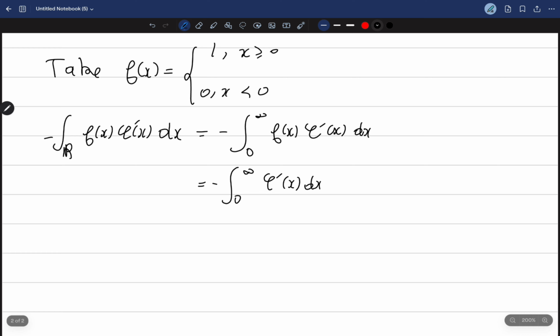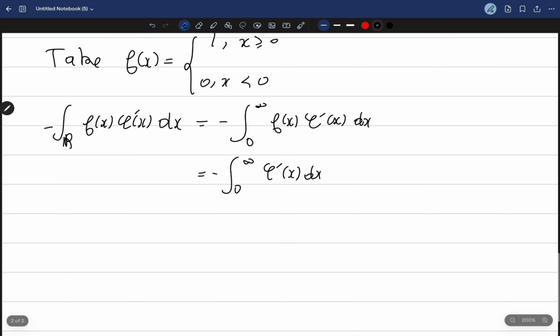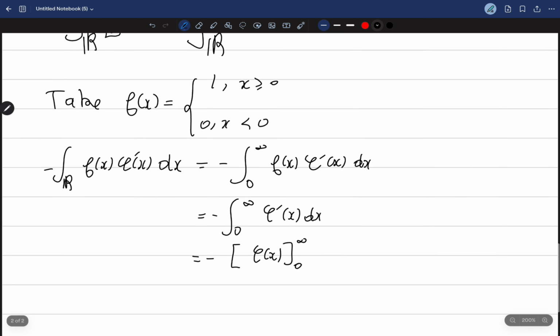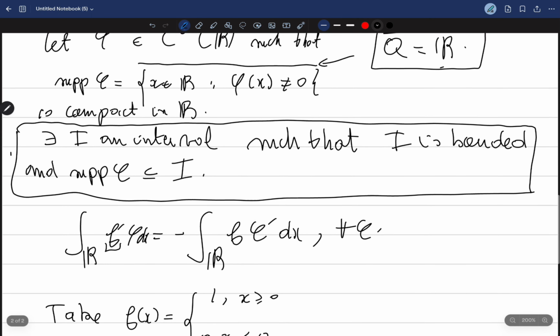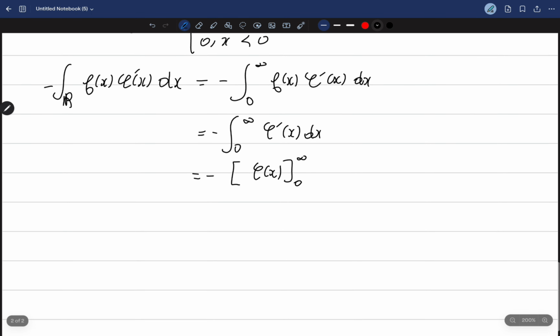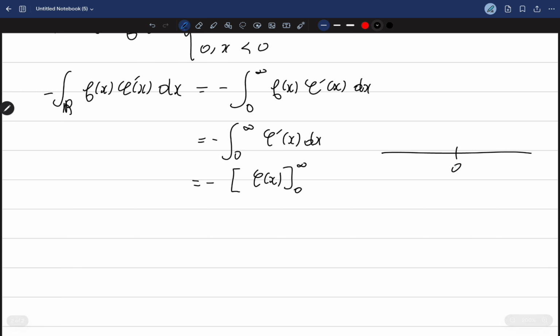But as we know, the support of phi is compact. So here by the fundamental theorem of calculus, we have that this is equal to phi of x evaluated at 0 and infinity. Let's imagine that phi has a support like this. So this is r, this is 0, and this is the support of phi.